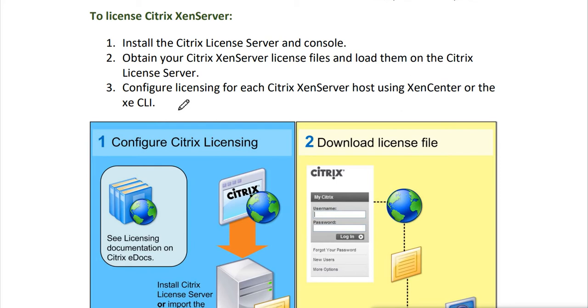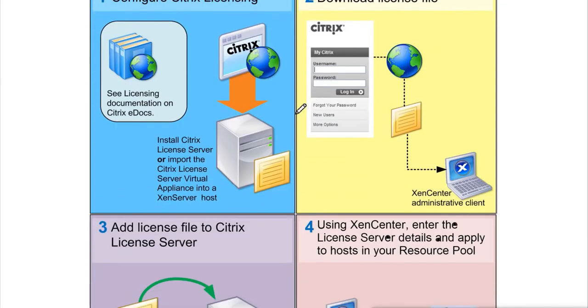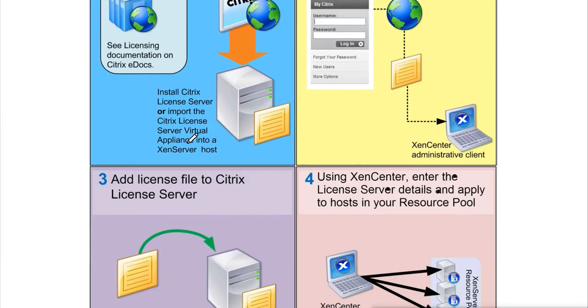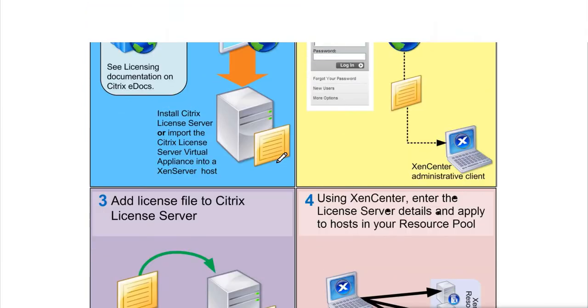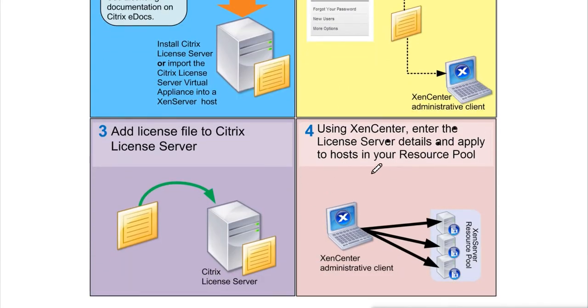So first you get the license, install it into the license server, and then configure the licensing for each server one by one using the XenServer graphical tool or XenCLI.